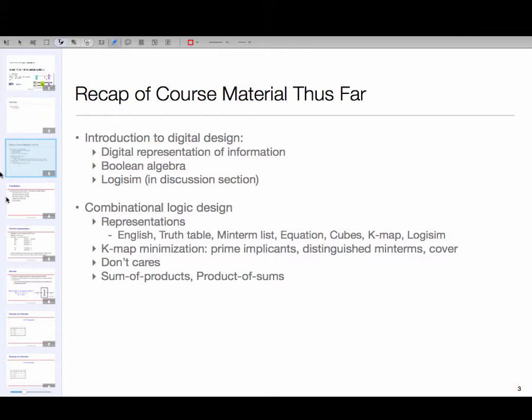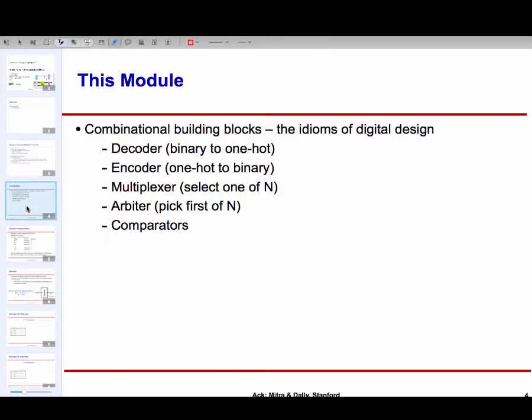So we are moving from this low-level design to one where we look at some of these building blocks. If you have played with Logisim, on the left-hand side in the palette they have some of these more complicated building blocks, just because they have been found to be quite useful. Things like adders are used quite a bit.